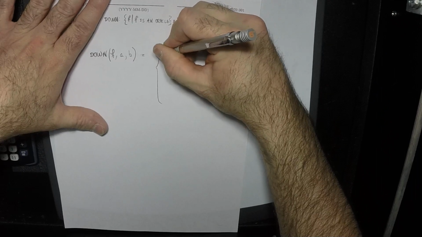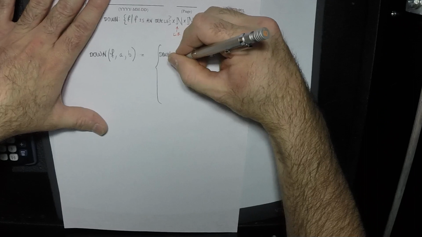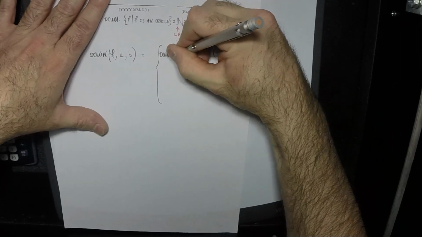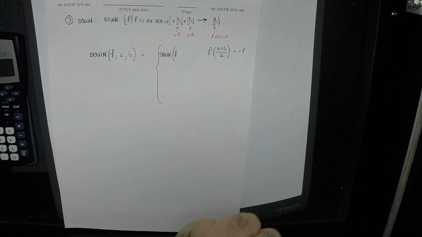So we'll need to do down. We'll need to recurse. What's the first argument? F. Because when you're playing this game with someone and they say your answer is too small, you don't say, okay, I'm going to get someone else. Right? It's the same person.